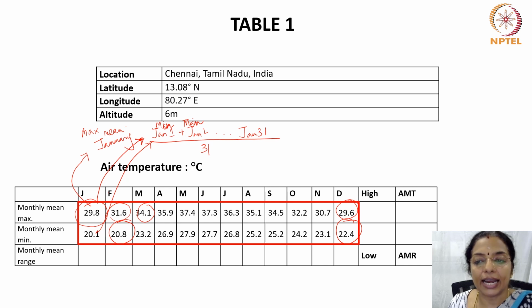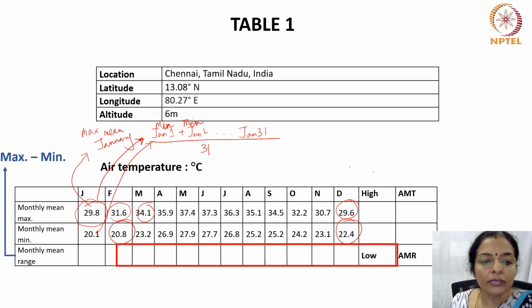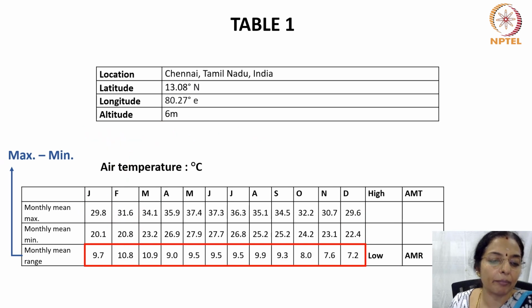Then after that, you have to fill the monthly mean range. What is the monthly mean range? Monthly mean range is the difference between monthly mean maximum and monthly mean minimum. Here we have seen the monthly mean maximum is 29.8. The monthly mean minimum is 20.1. The difference is 9.7.